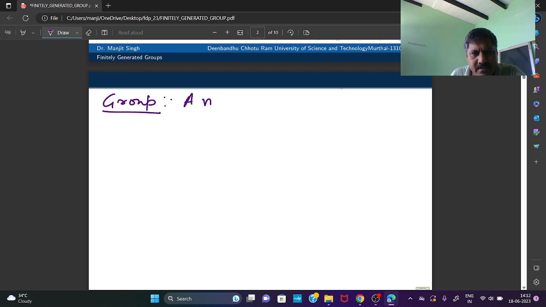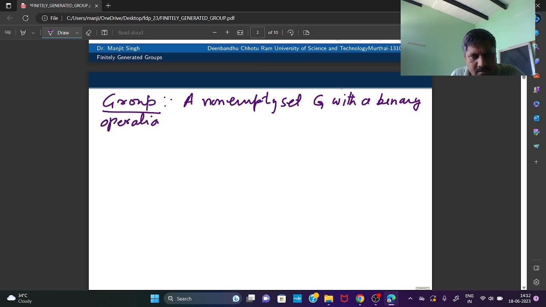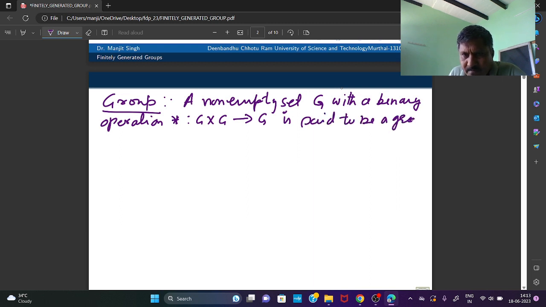A non-empty set G with a binary operation star, G cross G to G (the Cartesian product of two sets), is said to be a group if the following properties hold.